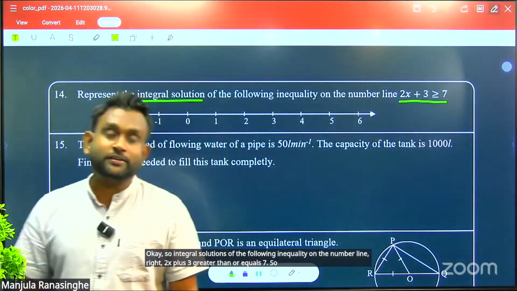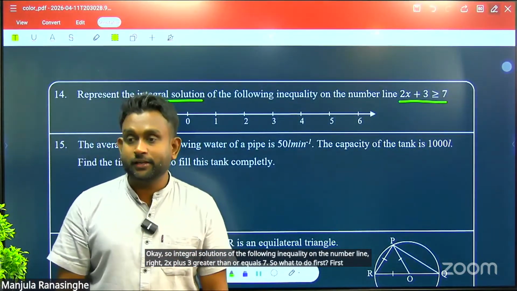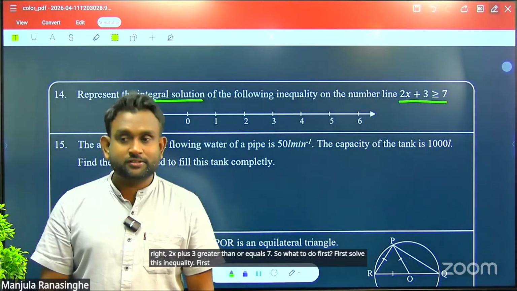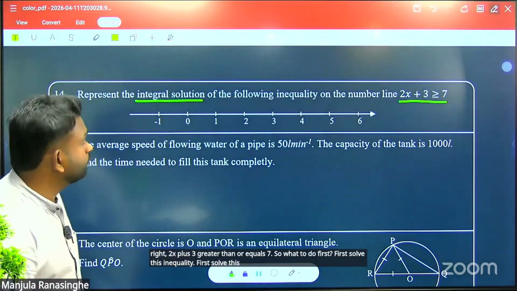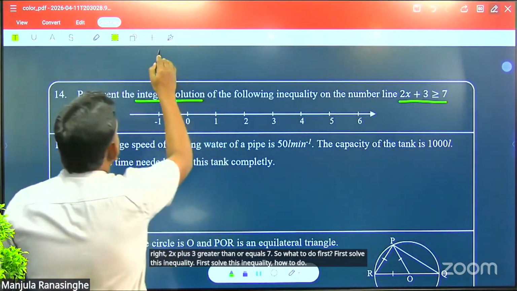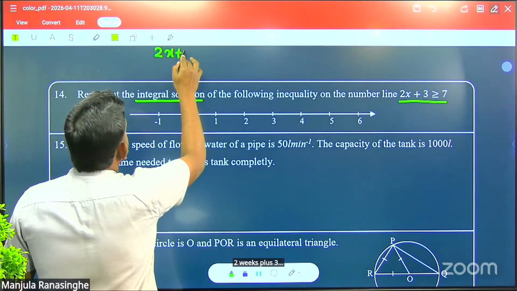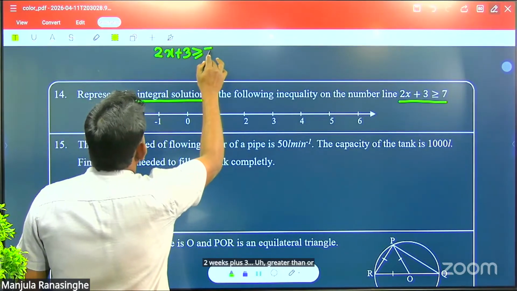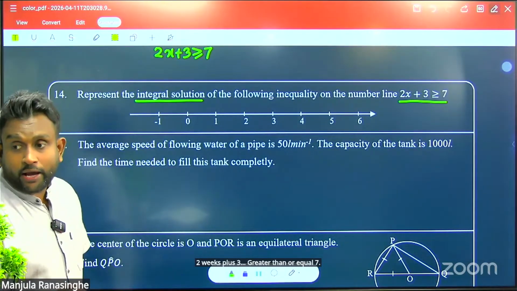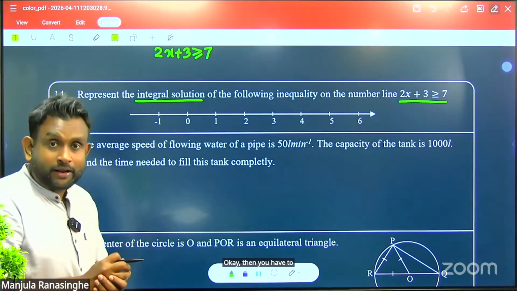So what to do first? First solve this inequality. How to do it? 2x plus 3 greater than or equal to 7. Then you have to make x the subject, right?